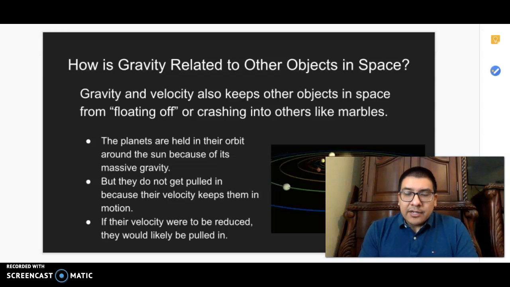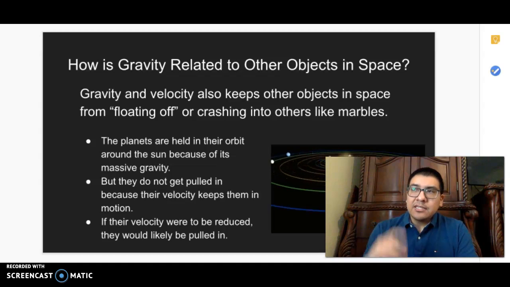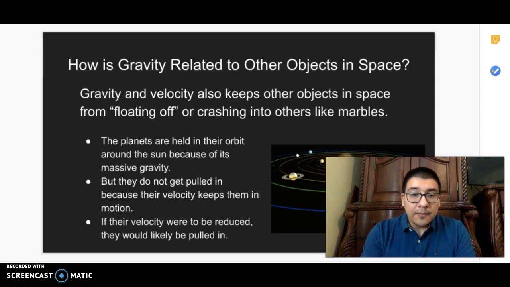They're held in their orbit because of the Sun's massive gravity, but they do not get pulled in because the velocity at which they're revolving keeps them in motion. If their velocity were to be reduced, they would likely be pulled in. If their velocity were to increase, they would likely fly off. So there has to be a balance between the velocity and the gravitational pull.